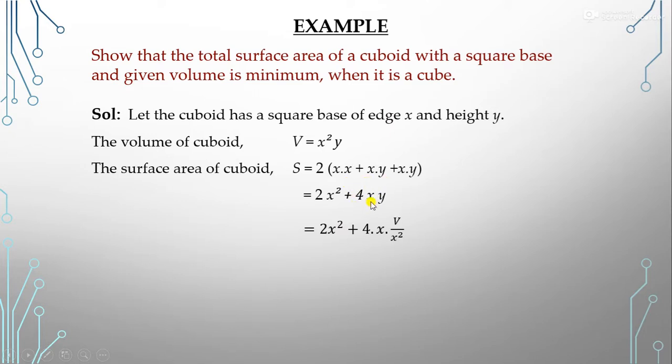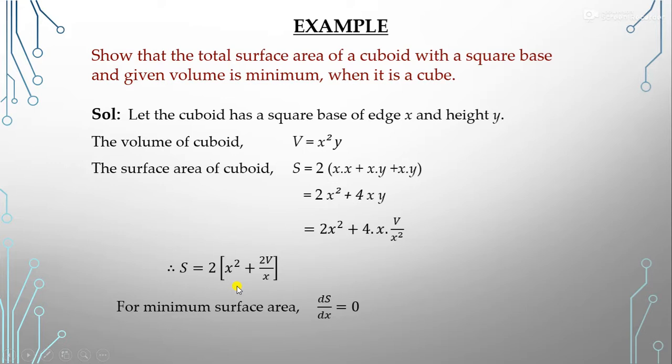How can we convert these two variables into one variable? We can put y equal to V upon x square. Here we have only one variable x, not V, because V is given. So we have 2x square plus 4x into V upon x square. So it becomes S is equal to 2x square plus 2V upon x.